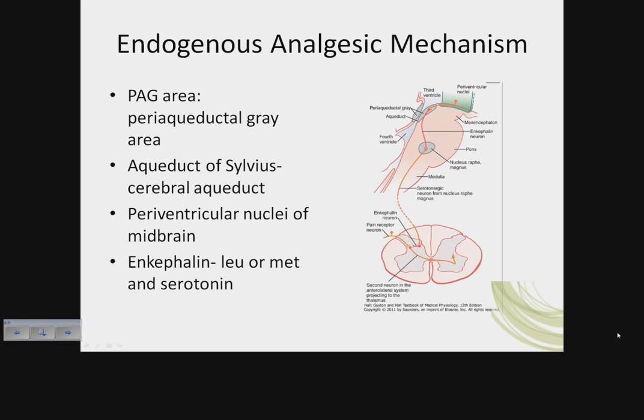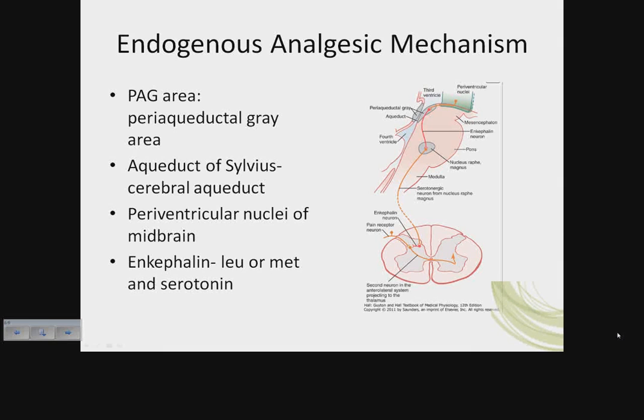Okay, part 3, a pain inhibitory complex located in the dorsal gray horns of the spinal cord. Okay, follow the orange neuron that is starting in the nucleus raphe magnus in this picture, in the lower region of the pons, upper region of the medulla. Follow it all the way down the spinal cord to the dorsal gray horn, and you're seeing that it's terminating on another short red neuron that's labeled enkephalin neuron.